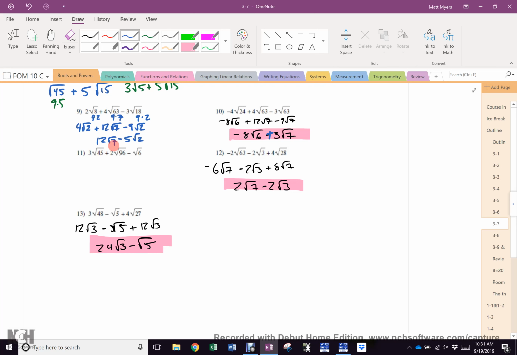Could you type in practice simplifying radicals into some sort of engine for searching? Would that yield results? Would those results have answers? Everybody understand? Okay.